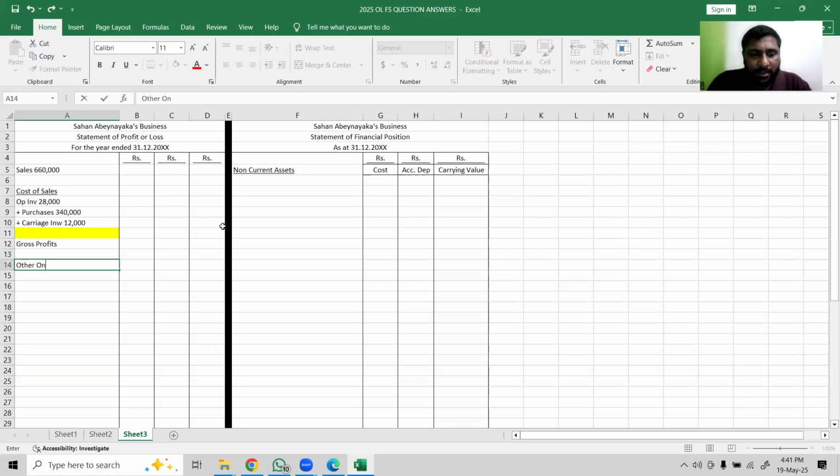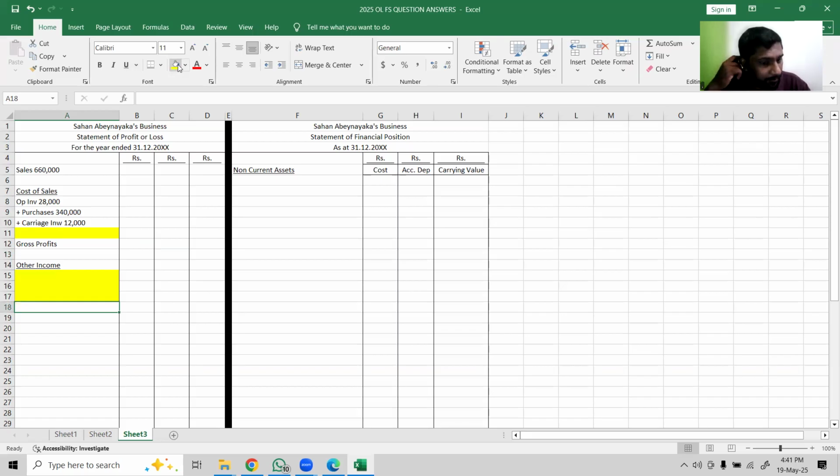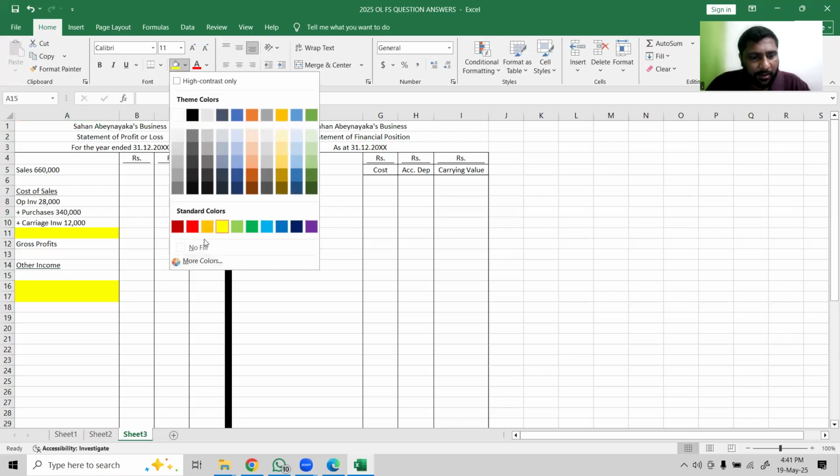Then we'll go for other income. We'll leave maybe 3 lines for other income, and we'll try to find out whether we have any incomes over here.